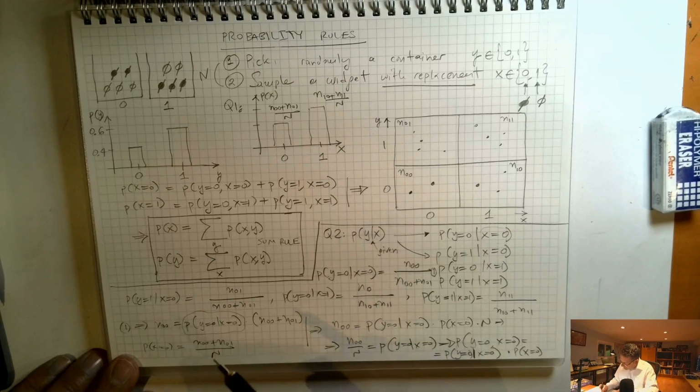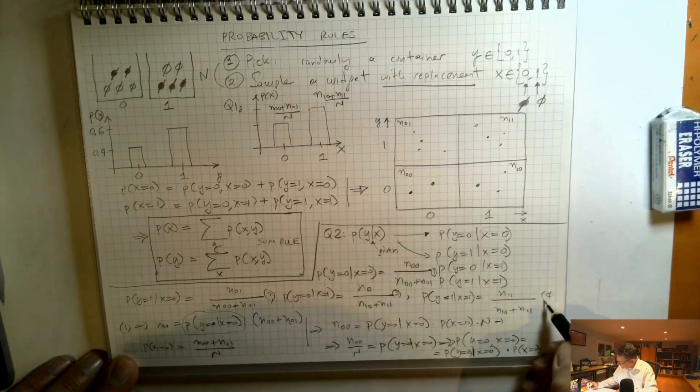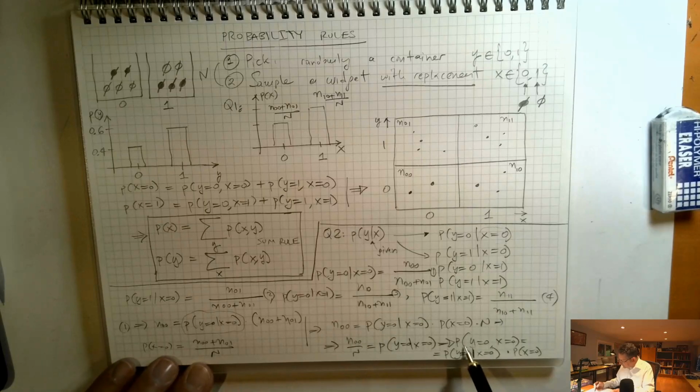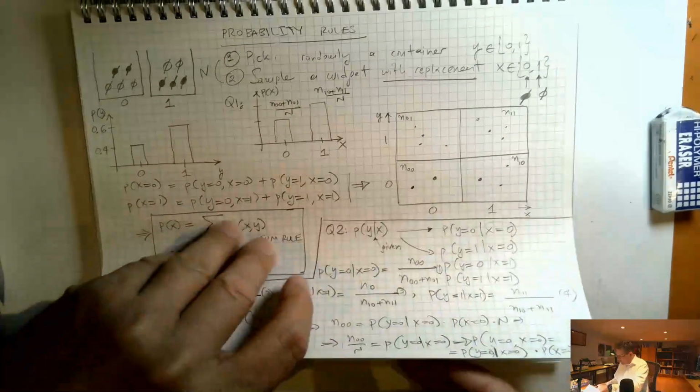I can actually do the same for equations 2, 3, and 4, and this will allow me to generalize. If you see the form over here, I am writing something like the joint is equal to some product. So let me write down the generalization of this formula, which I'll be calling the product rule.